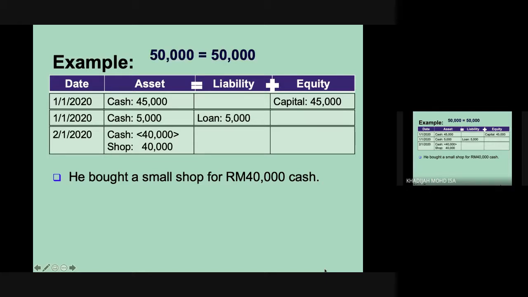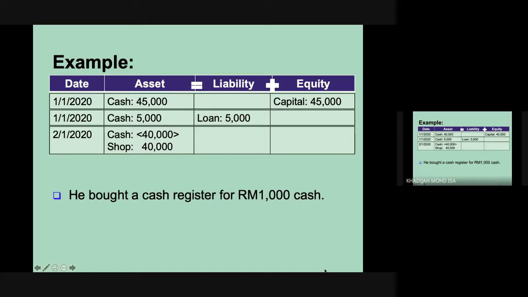On the asset side, you have 45,000 plus 5, which is 50, then you minus 40 cash but add your shop 40,000, so the total stays 50,000. No change on the liability and equity, which stay 45 plus 5, also 50,000.